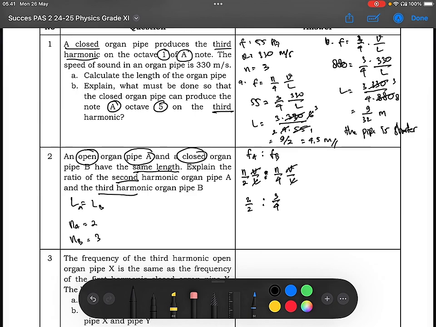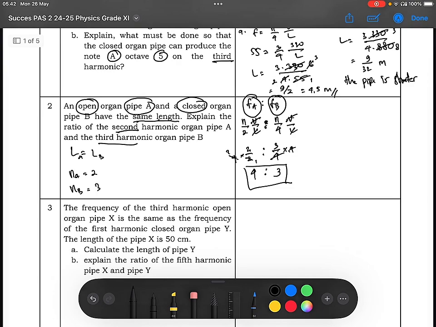Okay, we can cross out the 4, and the left is 4 too. Yeah, 3. The ratio of frequency of pipe A to frequency of pipe B is 4 and 3.